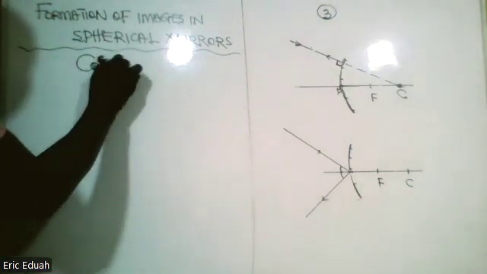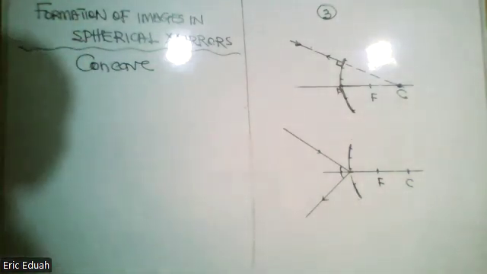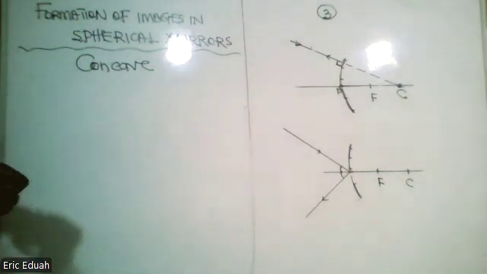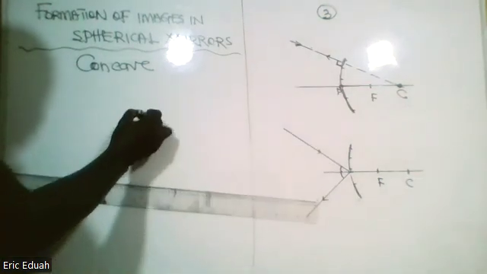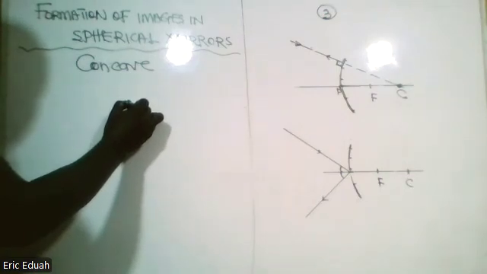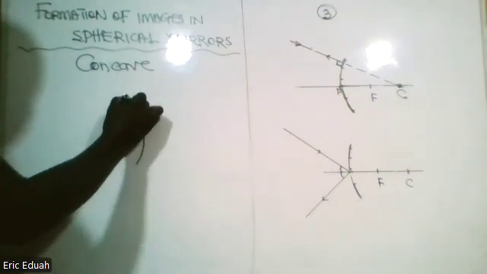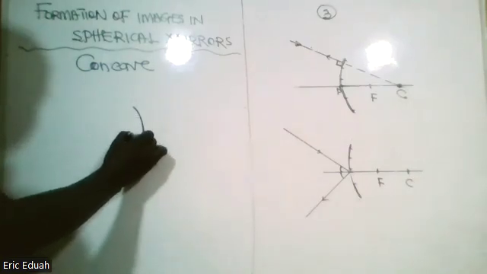The next thing we are going to do is use ray diagrams to describe the nature of image formed when the object is placed at different positions.